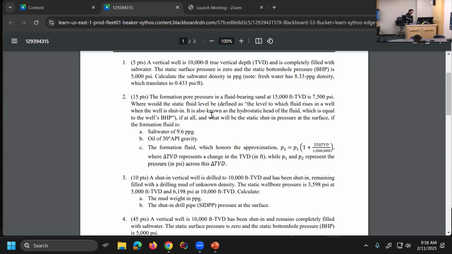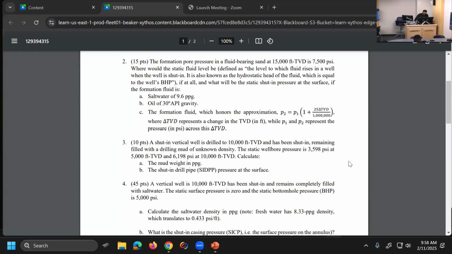A very easy question. Shut-in drill pipe pressure is basically what I have been asking you guys, what is the pressure on the surface. I assume there is only 1 fluid inside the well, so both legs will show equal pressure. That's why, yeah, we don't have a kick in these questions.